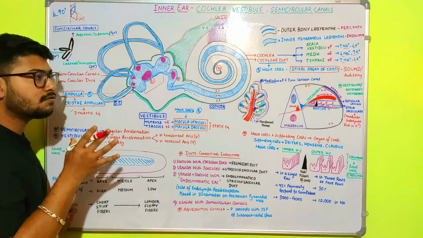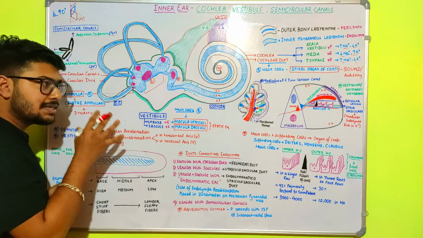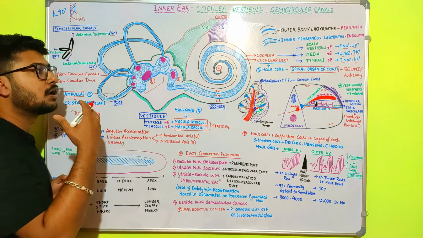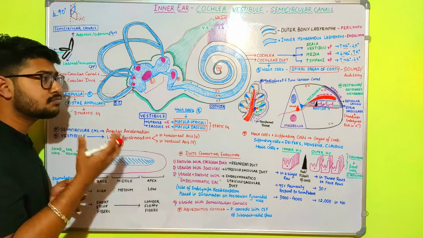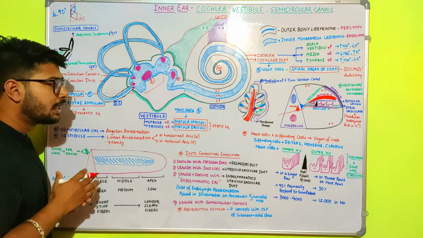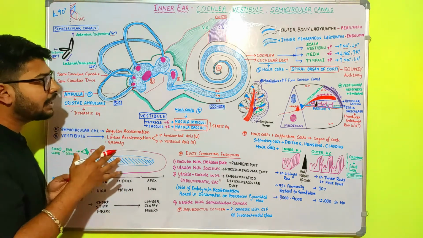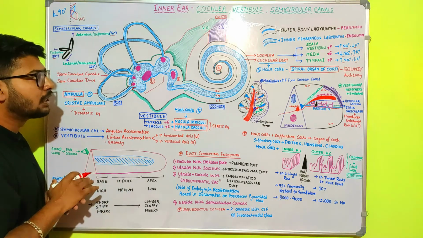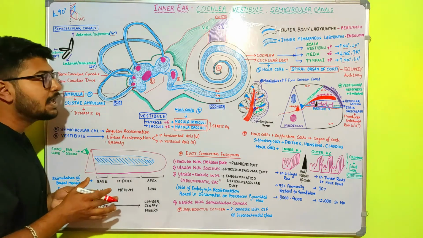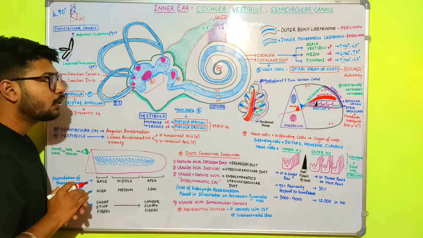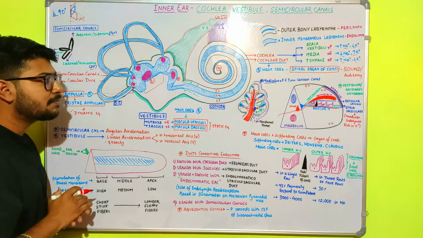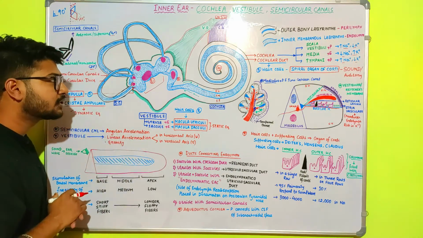For receiving these senses, we should have the receptors. The receptors are present in structures that are completely protected inside the inner ear. So what are the receptors present for this physiological function?